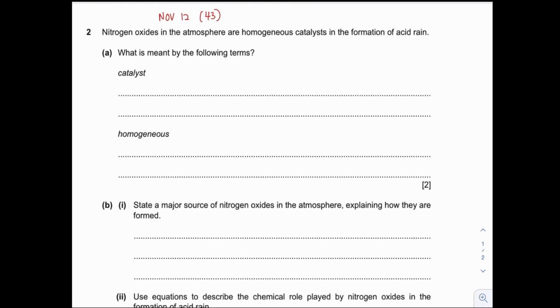Alright, let us look at the past year question from November paper 43. Nitrogen oxides in the atmosphere are homogeneous catalysts in the formation of acid rain. First question, what is meant by the following terms? The first one, catalyst. So the catalyst means it is a substance that speeds up the rate of reaction.